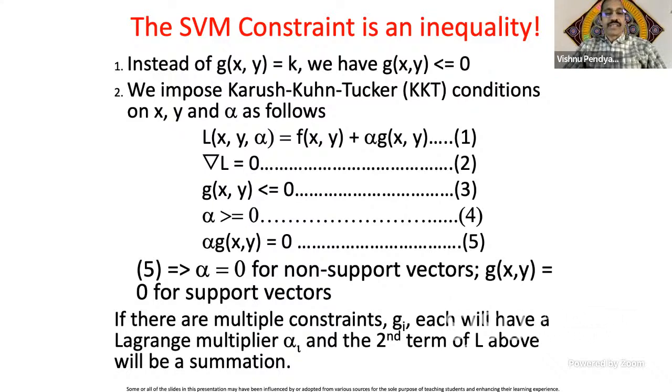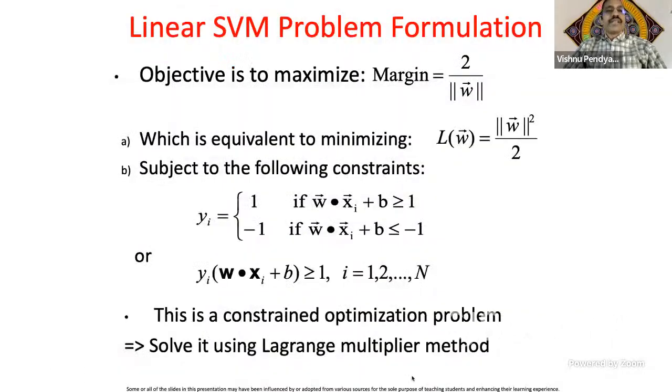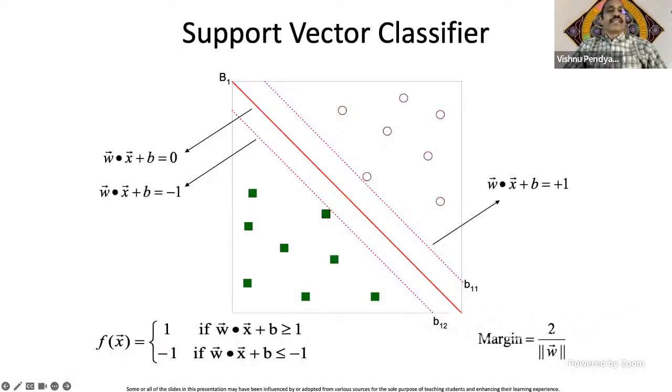Let us go back to the equations of support vector machine and look at the lines. For the equations for the margins, support vectors which lie on the margins satisfy these equations. That means Wx plus b is equal to -1 if the support vector is on this margin, and Wx plus b equal to +1 if the support vector is on the other margin. So the constraint is strictly holding.